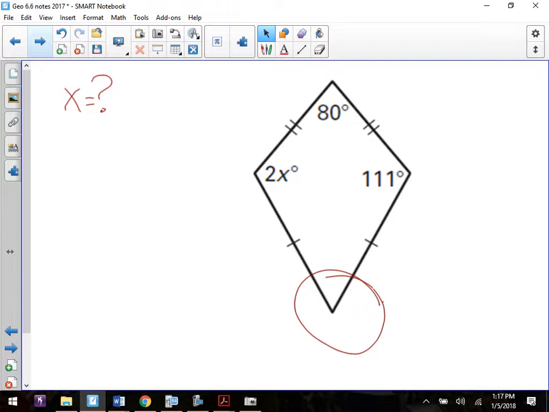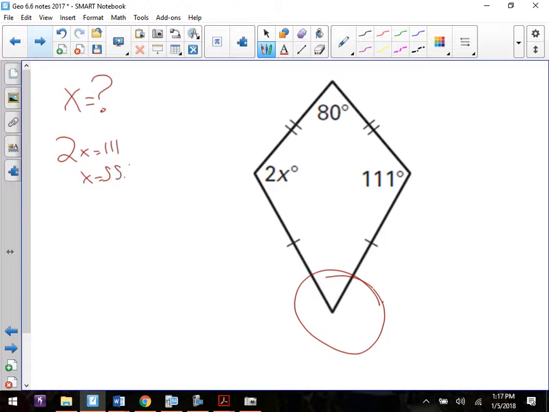You guys agree with that? Yeah. Like I'm saying, not too terrible. We know that 2x. So if this is 110, that's 111, 111, that gives you 222. Add the 80, which is 302.